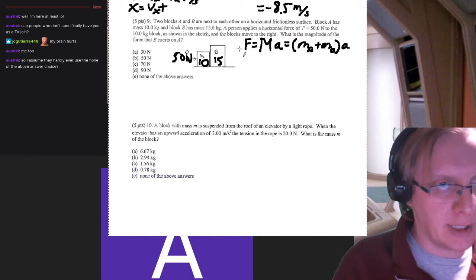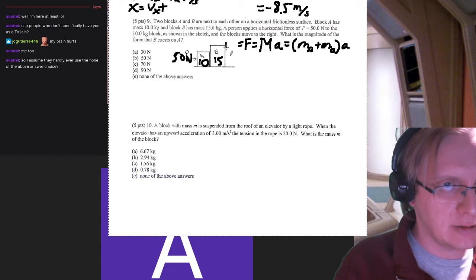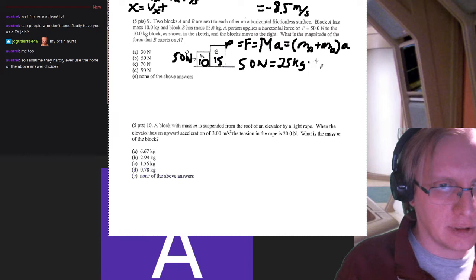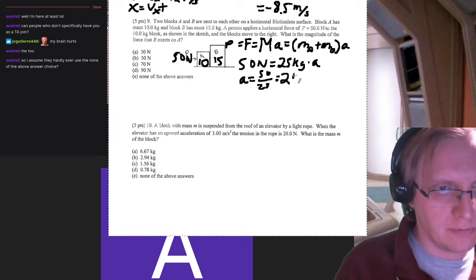The only force being applied is our P, so 50 newtons is equal to 25 kilograms times acceleration. Therefore, our acceleration is equal to 50 over 25, which is 2 meters per second squared.